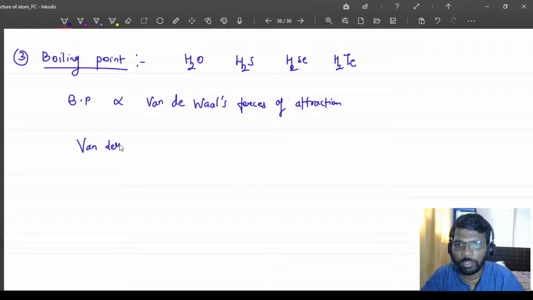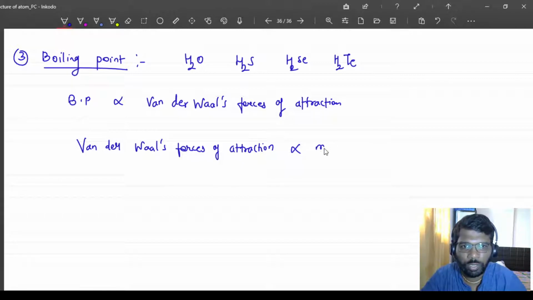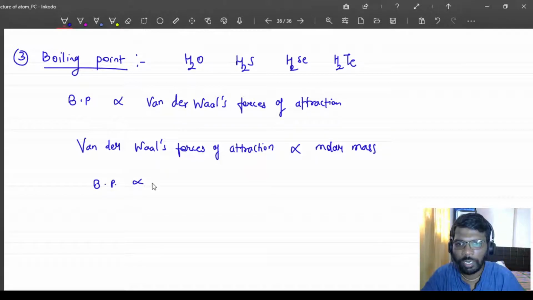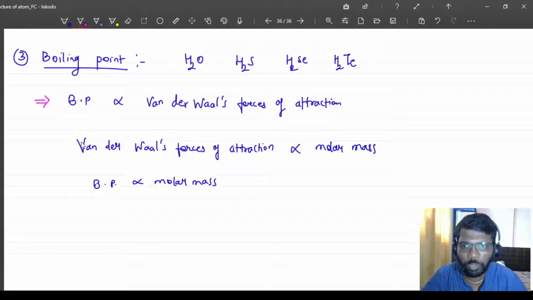Van der Waals forces of attraction are directly proportional to the molar mass. In short, boiling point is directly proportional to the molar mass.